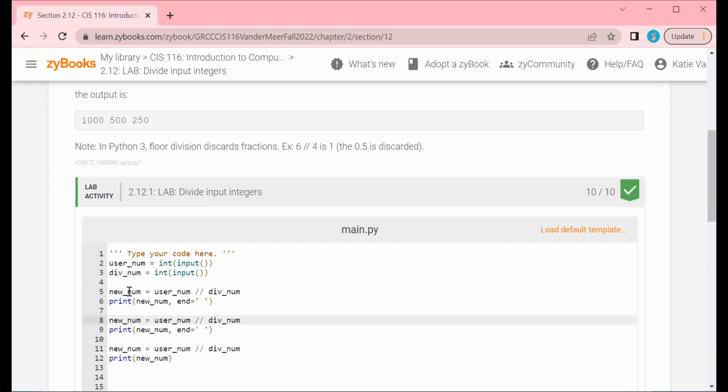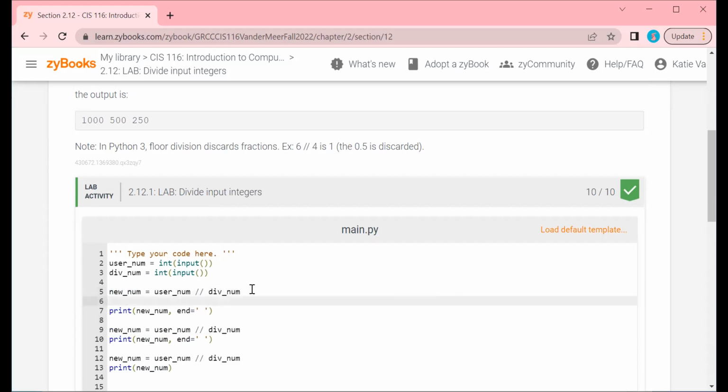So if I were to create a new variable like new num, I would need to do something a little different. After I print it, I can say now my user num is set equal to my new num.